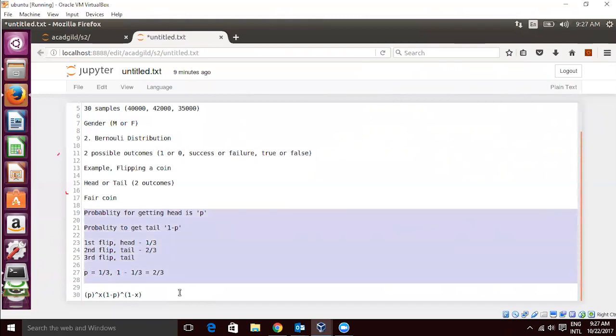Let me explain how I arrived at this formula. When you define a probability function for a discrete variable, it is called a probability mass function, as we have seen in the last session. When the variable is continuous, the probability function is a probability density function.